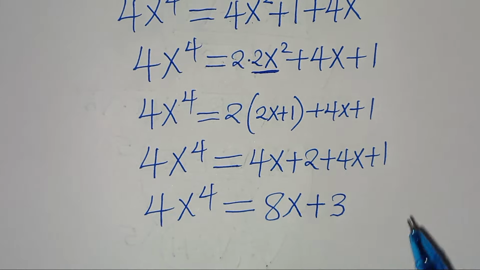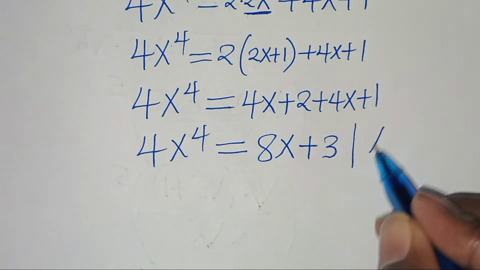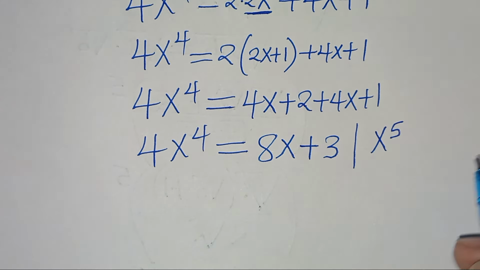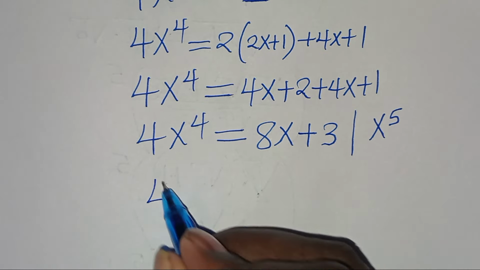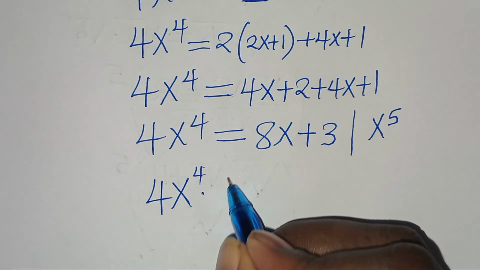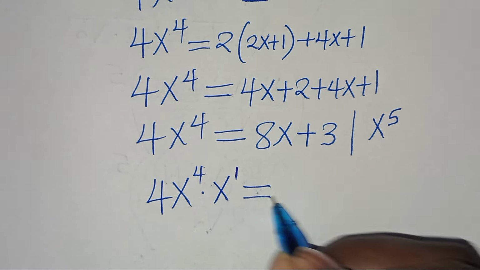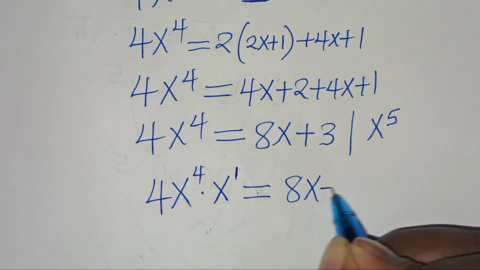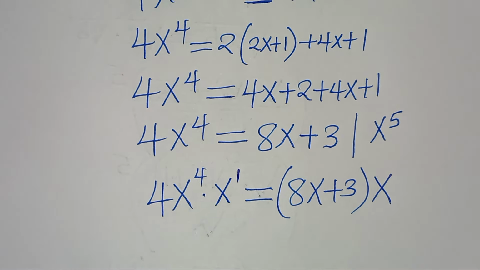This is 3. Now, since we are solving for x to the power of 5, and we have x to the power of 4 here, let's multiply both sides with x. So this is 4x to the power of 4 times x. Remember, x is raised to the power of 1. So this is equal to 8x plus 3, everything here multiplied by x.